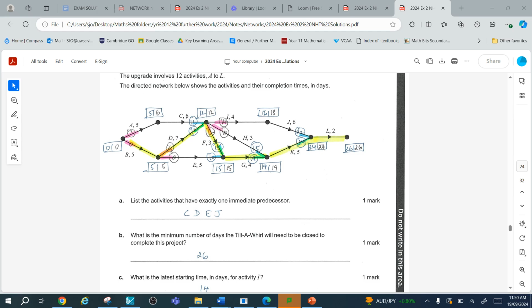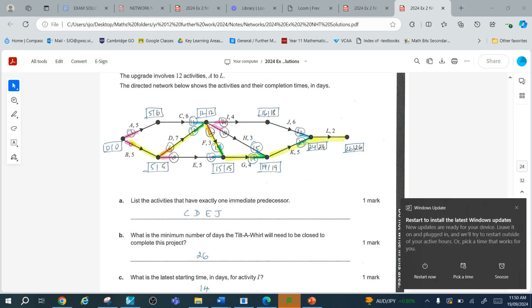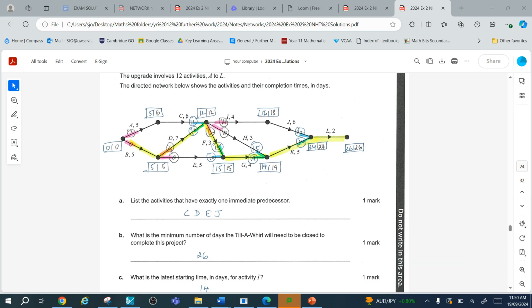Now, in order to answer the question about the biggest float time, I did a calculation of float time, and I found that E was the one that gave me the greatest float time. If you have a backward scan value of 10, it's easy to see that the latest E can start is after 10 days, but the earliest it can start is after 5 days.